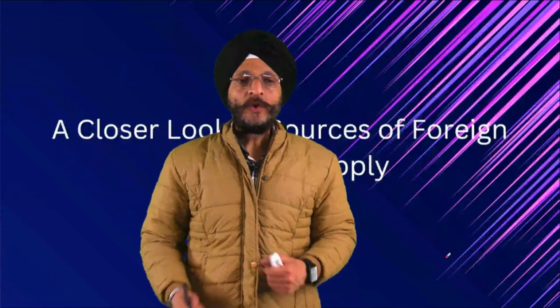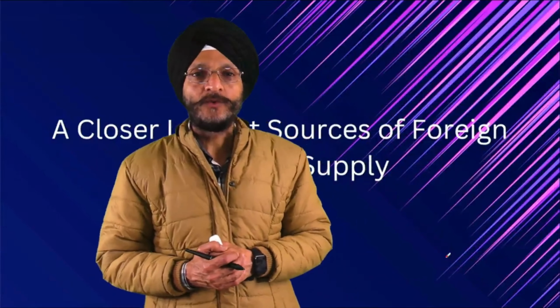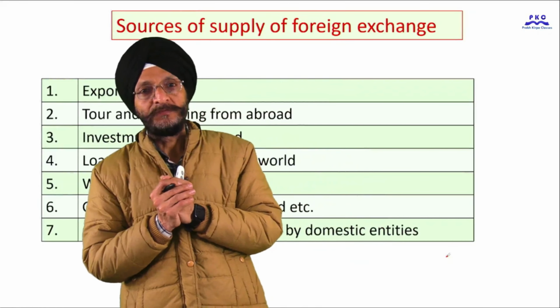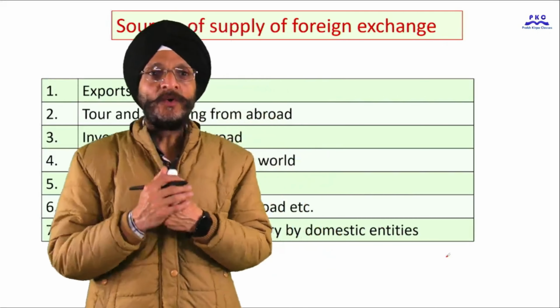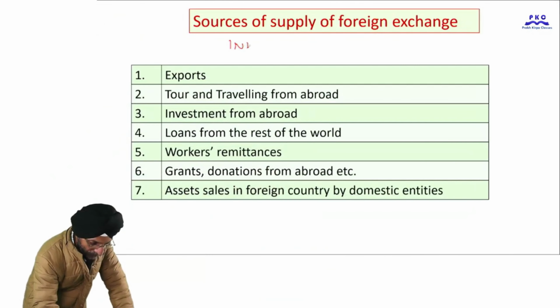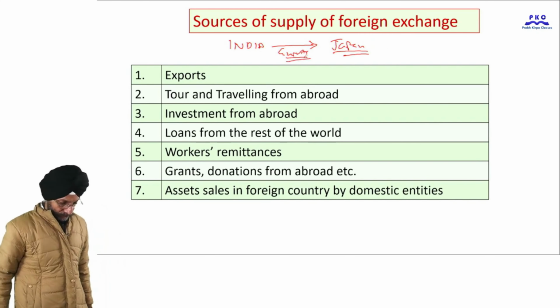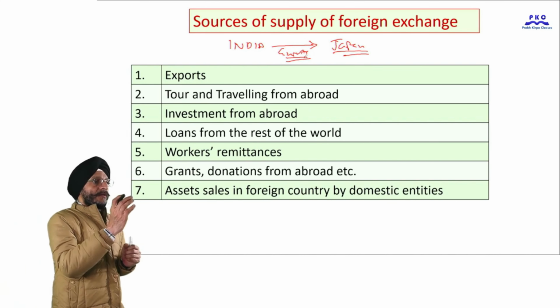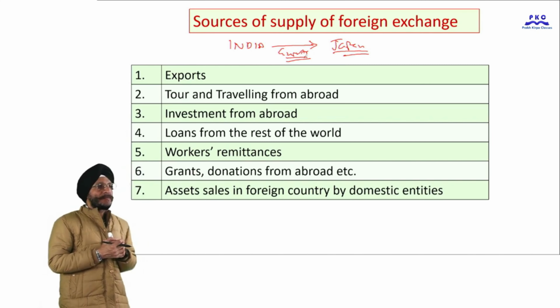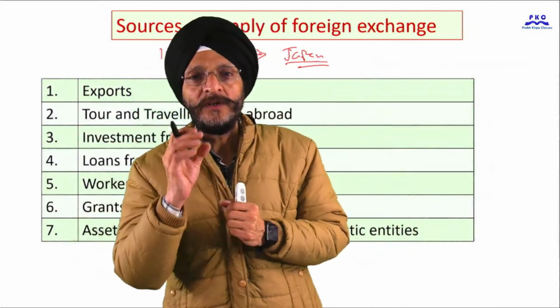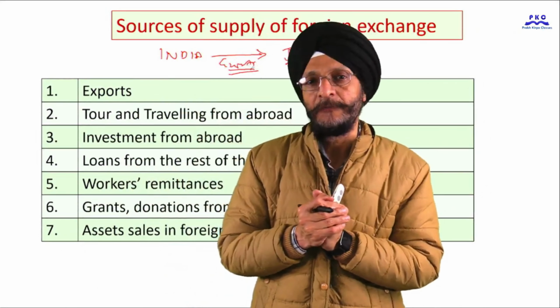Now the topic before us is a closer look at sources of foreign exchange supply. First is exports. When we do exports, suppose we are from India and we export to Japan. As already told, in the case of exports, mostly the will of the exporting country or the exporting businessman prevails.